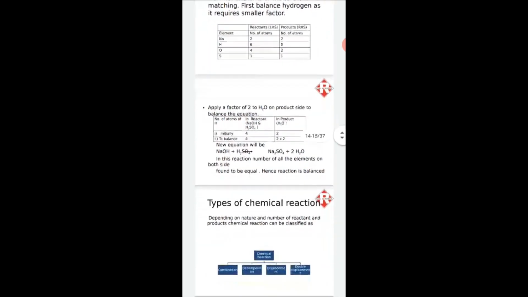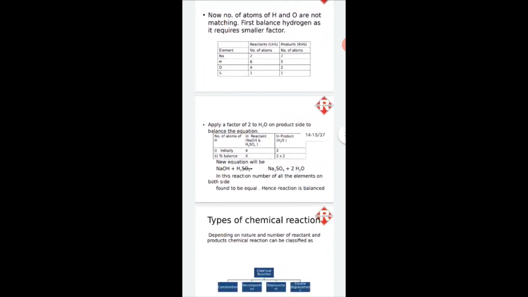Now apply the factor 2 to H2O on the product side. So we balance the equation. Now we want to balance the hydrogen atoms on the LHS and RHS. So we take the factor 2 and apply it in front of H2O just like a coefficient. So it applies to the hydrogen atoms and oxygen also. Initially we make a chart and in the same way we write the number of atoms of hydrogen, reactant, product.